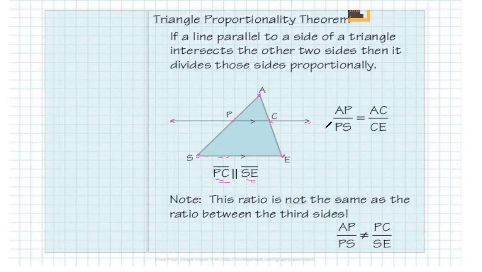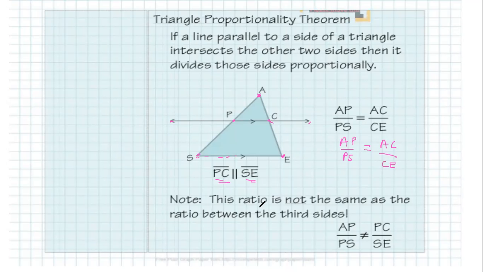So the ratio AP to PS is equivalent to the ratio in which the other side is divided, that is AC to CE. That is according to the proportionality theorem of triangles when they are divided by a line parallel to one side of the triangle.